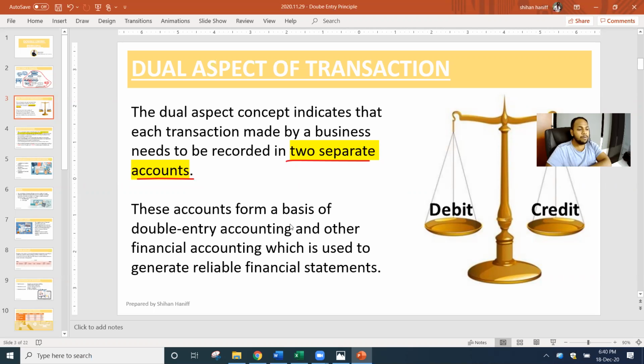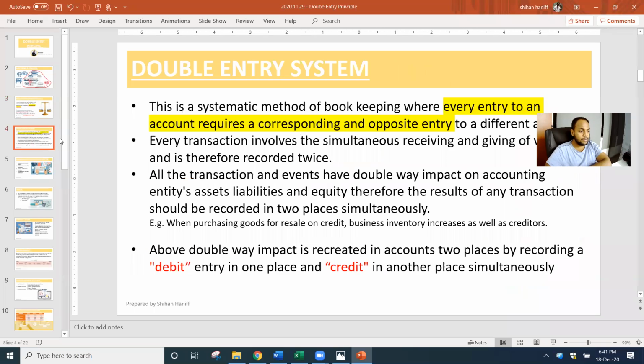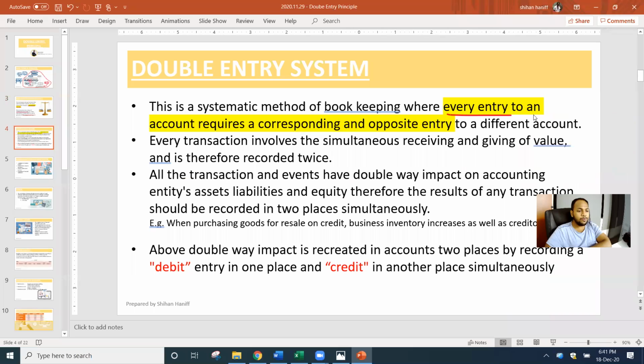These accounts form a basis of double entry accounting and other financial accounting, which is used to generate reliable financial statements. So using the double entry system only, we prepare the financial statements. So what is this double entry? Every entry to an account requires a corresponding opposite entry. That is the simple explanation.